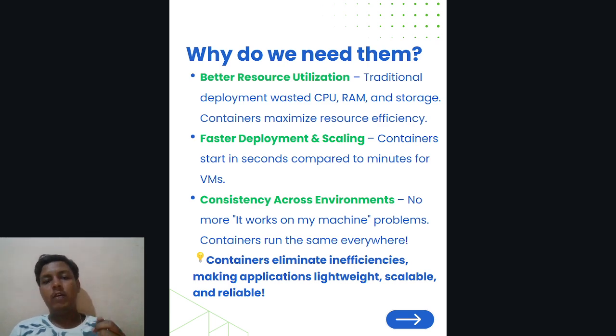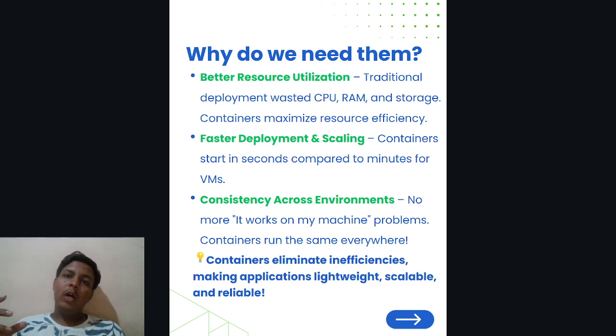Once we have a main code, our main application which we are trying to develop, it will have consistent system settings and dependencies among all the developers and all the production servers, without causing errors due to different system settings. So these are the three main topics: better resource utilization, faster deployment and scaling, and third, consistency or synchronization between development and production as well.